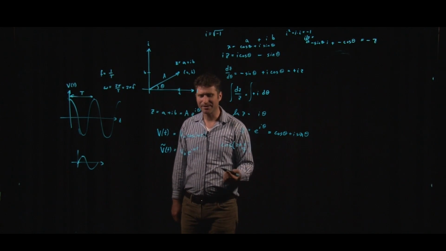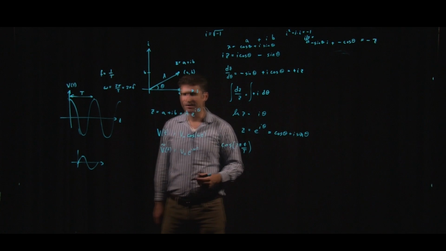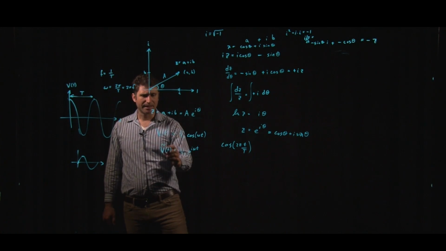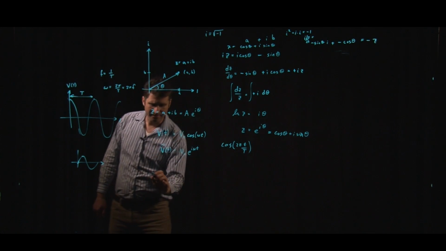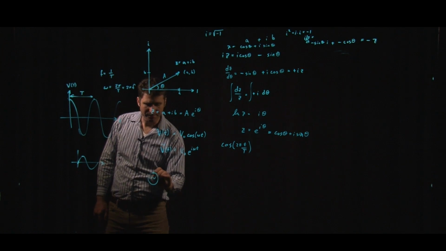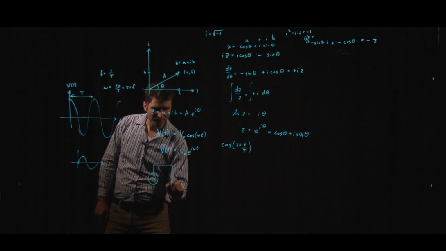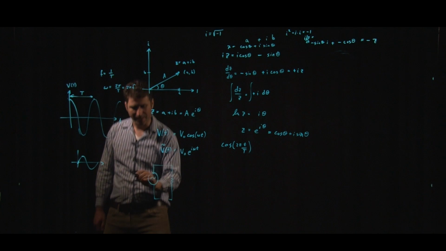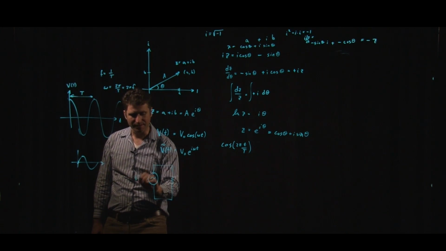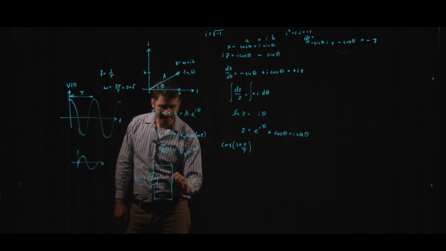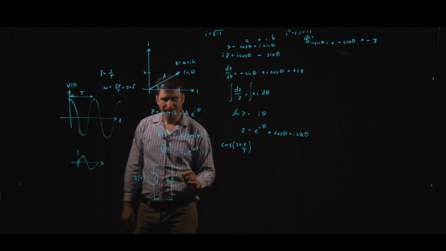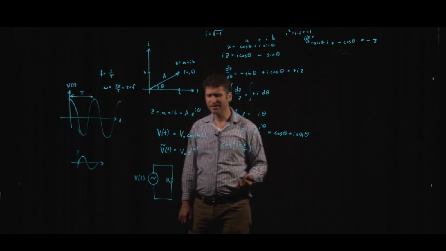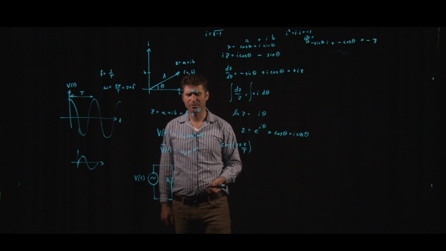So okay, let's try an example then. Let's say I had a driving voltage here, an AC voltage, and it's going through a resistor. So I have some V of t, and I have a resistor here, R. Let's say I wanted to figure out the current at any moment in time that's going through this thing.